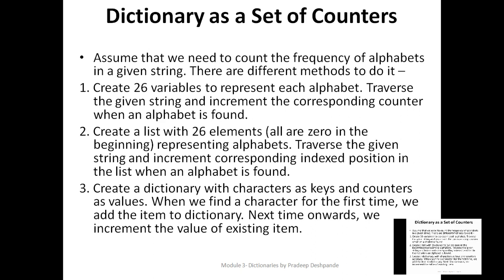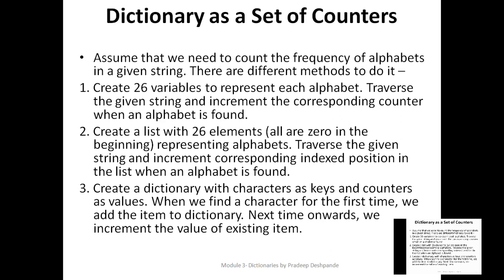Then create a list. There are three different methods. One is this first one. The second one is we can create a list with 26 elements, all 0 in the beginning, one list which contains 26 elements, each element representing an alphabet. Traverse the string and increment the corresponding indexed position in the list when an alphabet is found. Obviously, we know that in a list the indexes are 0, 1, 2, 3 like this.